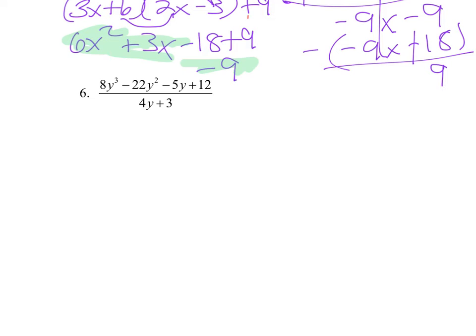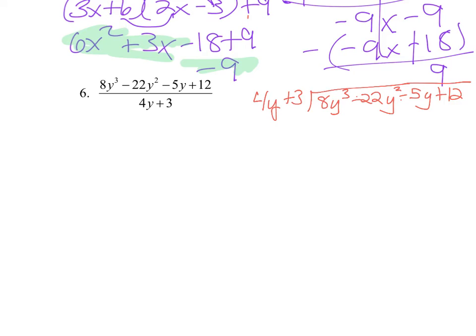So I have 4y plus 3, and that is into 8y cubed minus 22y squared minus 5y plus 12.